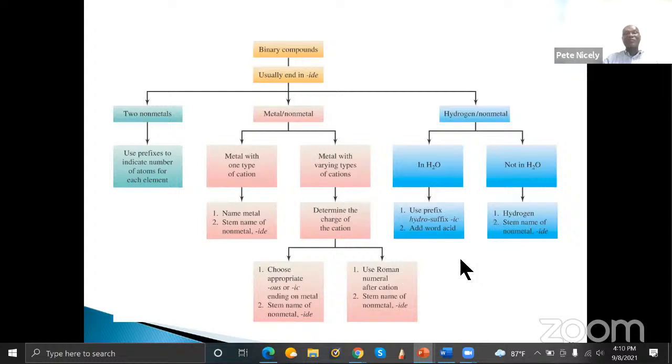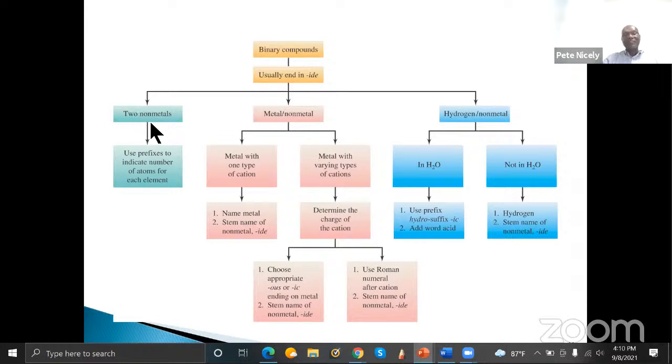Okay. So let's summarize what we talked about in terms of naming binary compounds. There are three types of binary compounds we discussed. We talked about the binary molecular compound, which is formed between two nonmetals. Then we have the binary ionic compound, which is formed as a result of a combination of a metal and a nonmetal. And then we talked about the special case of a binary compound where you have hydrogen bonded to a nonmetal, all right?